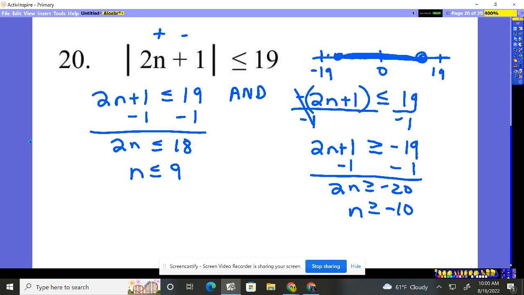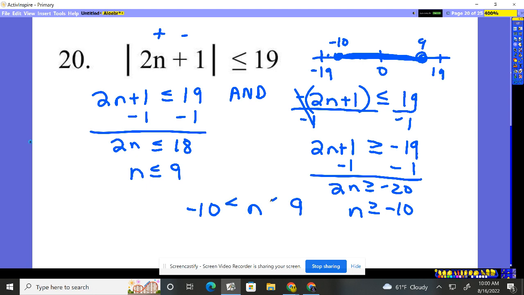So we need an n bigger than or equal to negative 10, but yet it needs to stay less than or equal to 9. So basically these spots, this is negative 10 right here, and this is 9. Those values for n, when you plug them in here, will stay within that 19 range. So the way we write this, start with your smaller number, negative 10, your bigger number here, 9, n in the middle.